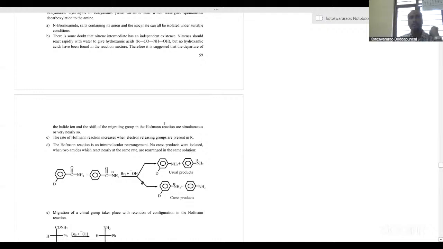N-bromamide is a salt containing its anion, and the isocyanate can be isolated under suitable conditions.